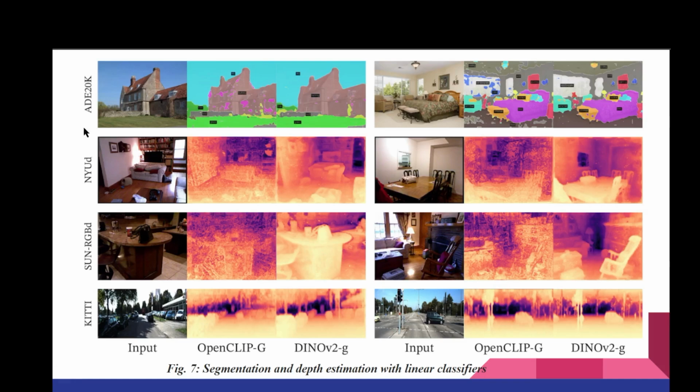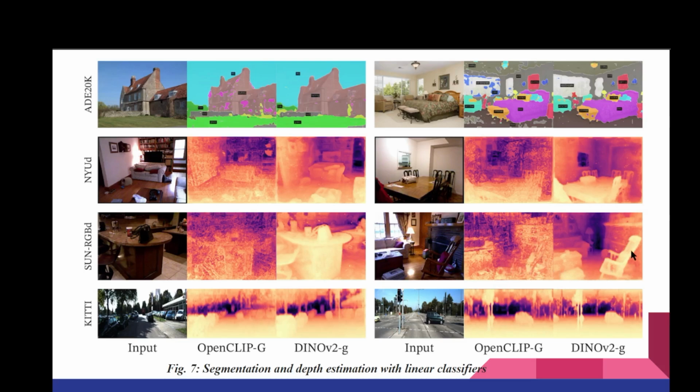In the first image you can see one input was taken from the ADE20K dataset, and how the results are compared with OpenCLIP-G and DINOv2-G. And you can see DINOv2 always outperforms in all of the cases. Here, over the depth estimation, depth estimation is not good here.